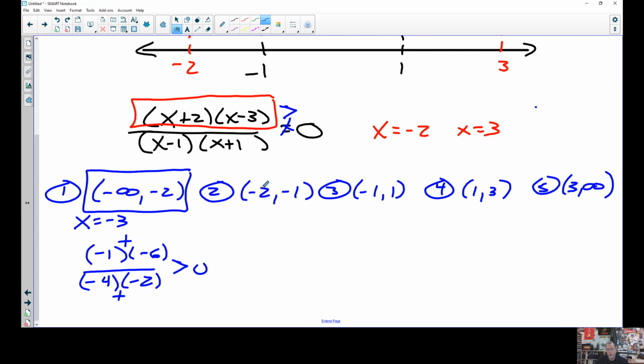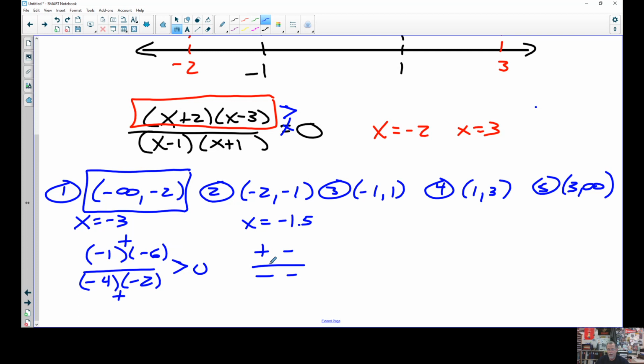So we can even shortcut this a little more. If I say x equals -1.5 here, because that's between -1 and -2. If I put -1.5 in here plus 2, that's going to be a positive number, right? -1.5 minus 3 is a negative number, over -1.5 minus 1, that's a negative number. -1.5 plus 1 is a negative number.